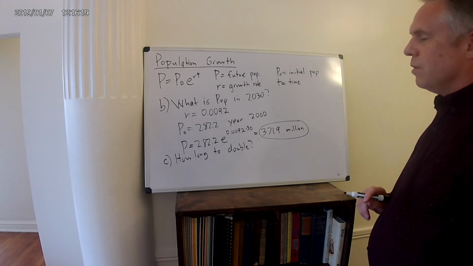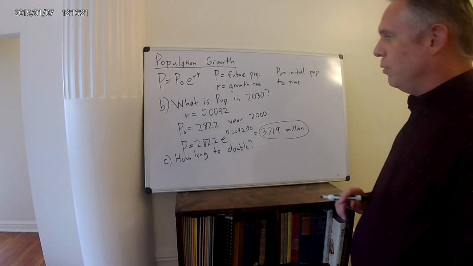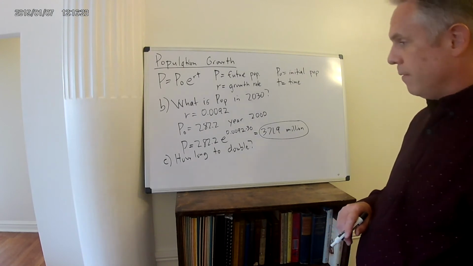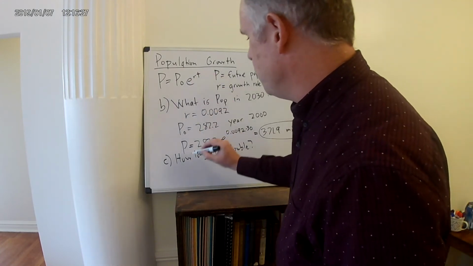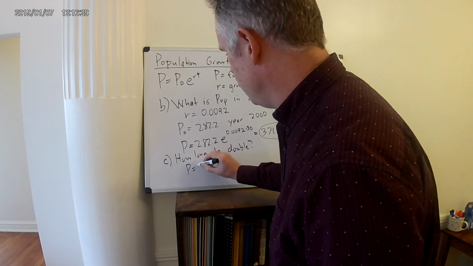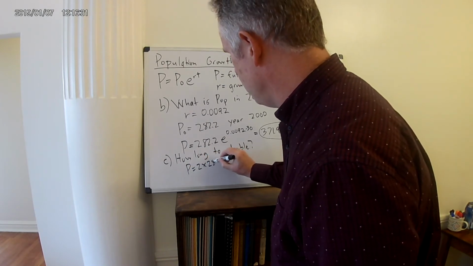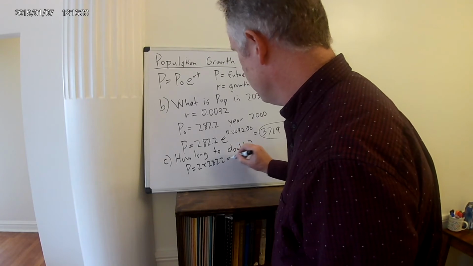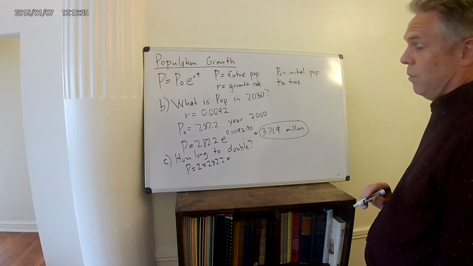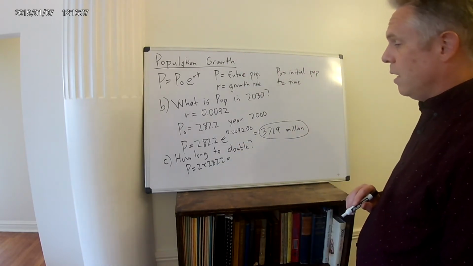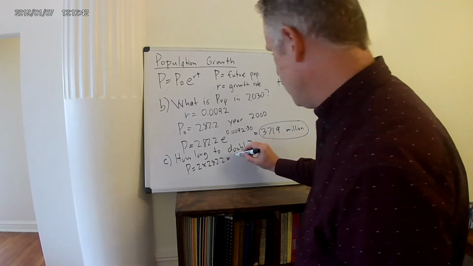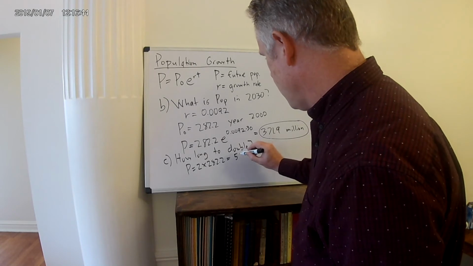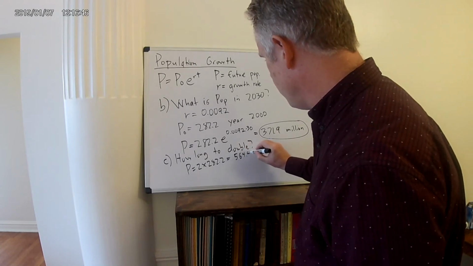In this case, if the population doubles from 282 million, that means that our future population P will equal 2 times 282.2 million, and that equals 564.4 million.